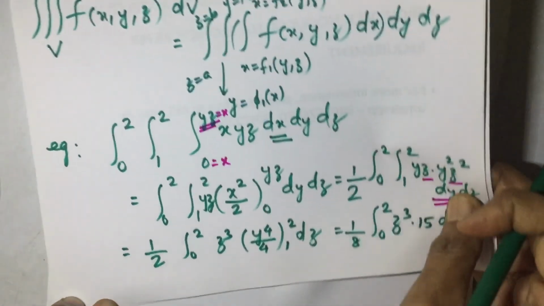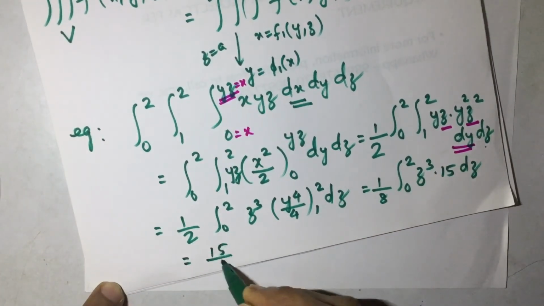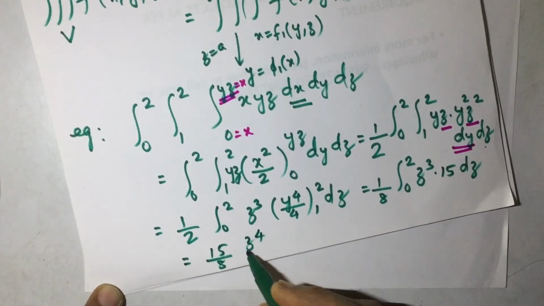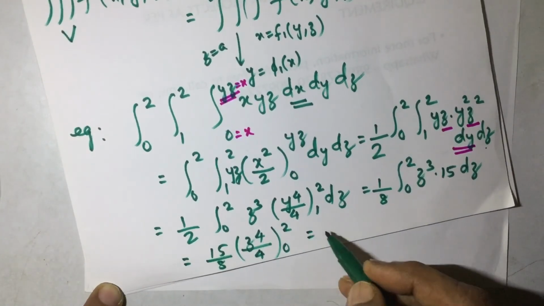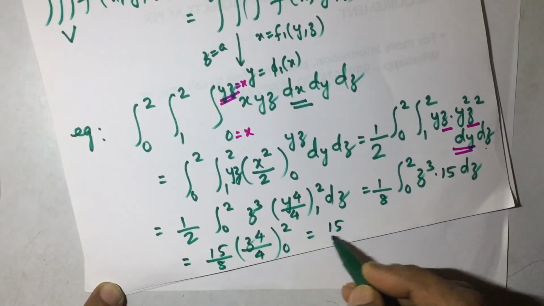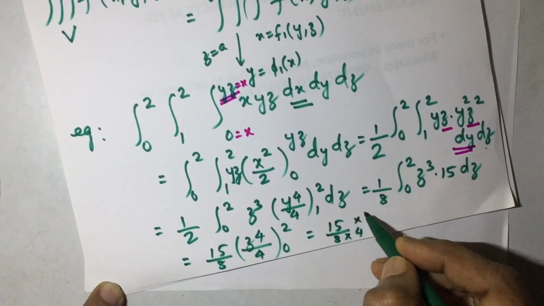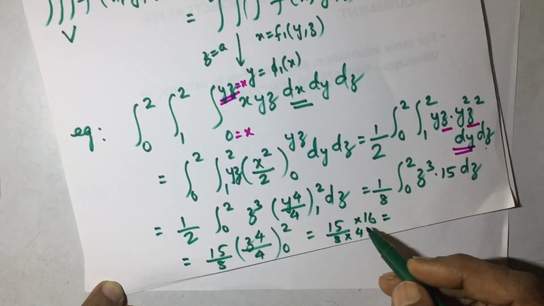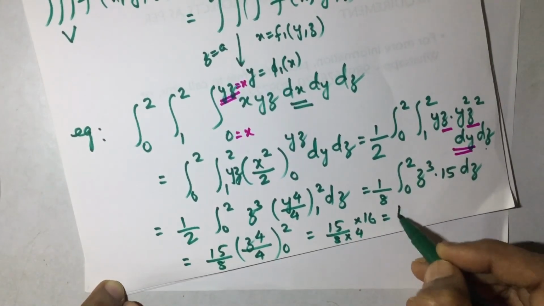Okay, then this is equal to 7 by 6, the integral of z square is z cube by 3, 0 to 2, so that is 7 by 6 into 8 by 3, z cubed meaning 8, 2 cubed is 8. So when you cancel this, you will get the answer.